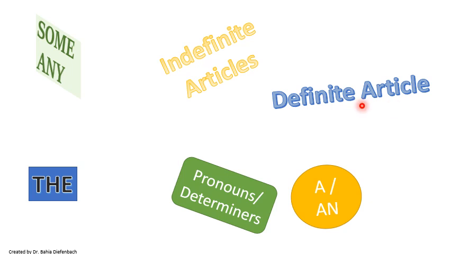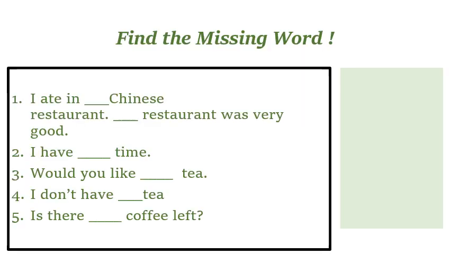There are indefinite articles, a, an, definite articles, the, and there are some pronouns and determiners that we also use, some and any. So this is what we will be discussing today. Let's go ahead and find these missing words.